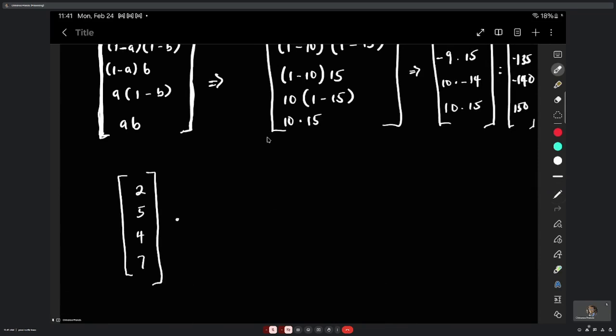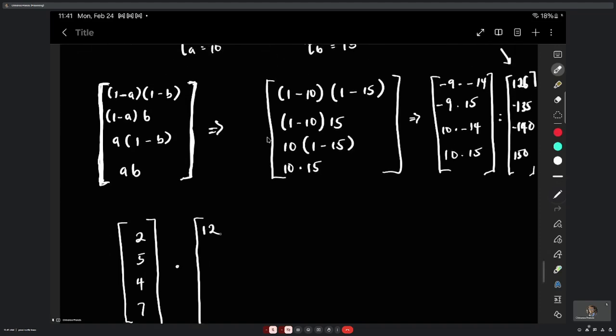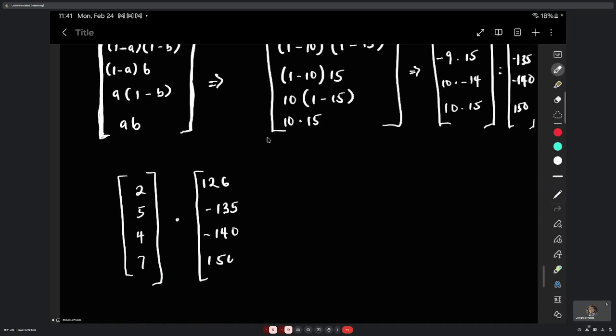And we are doing a dot product with 126, minus 135, minus 140 and 150. So this is us trying to evaluate the polynomial at A and B, which is 10 and 15.